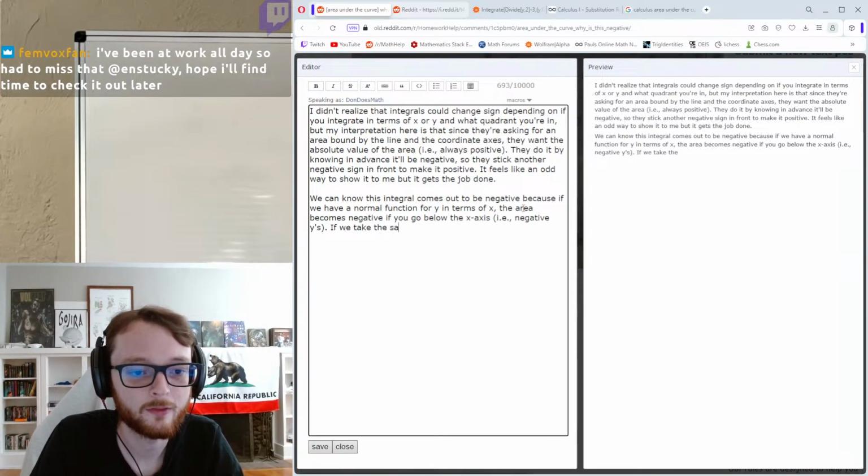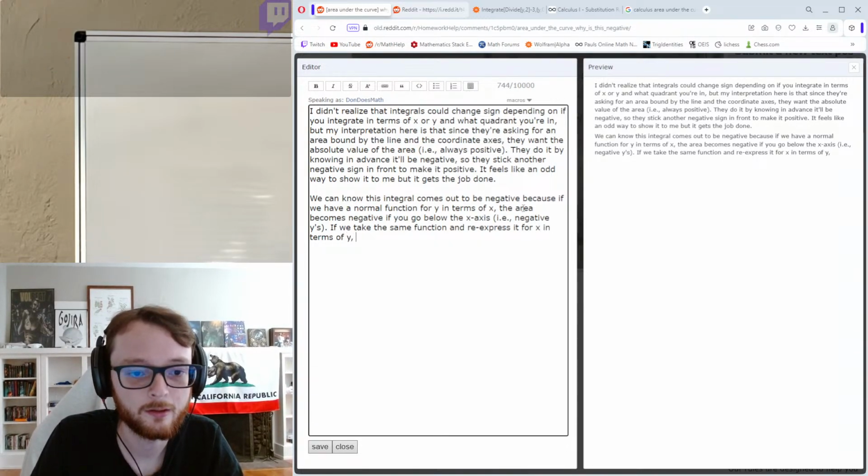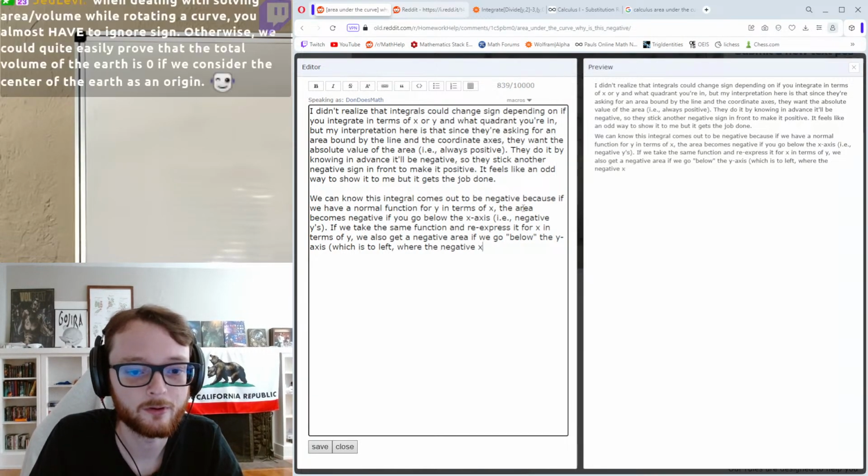If we take the same function and re-express it for x in terms of y, we also get a negative area if we go below the y-axis, which is to the left, where the negative x's are. Okay.